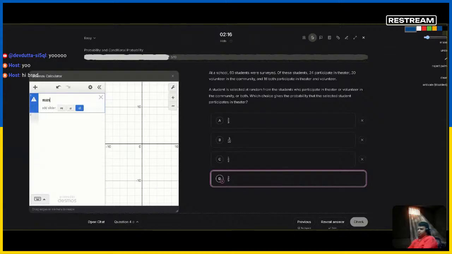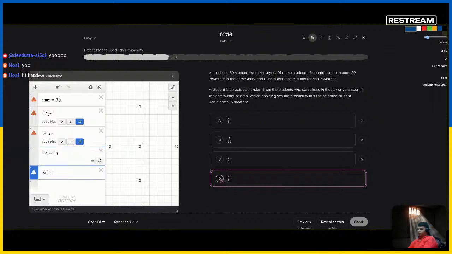So, max is 60 students, and 24 participate in theater, and 30 volunteered in the community, and 18 did both. Meaning 24 plus 18 is this, and 30 plus 18 gives us this, meaning the actual number is this.